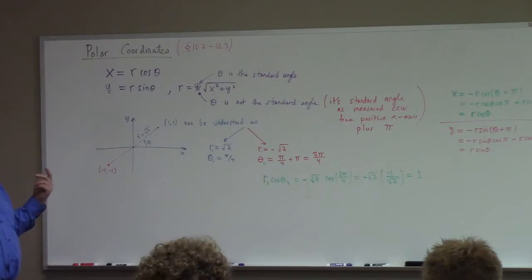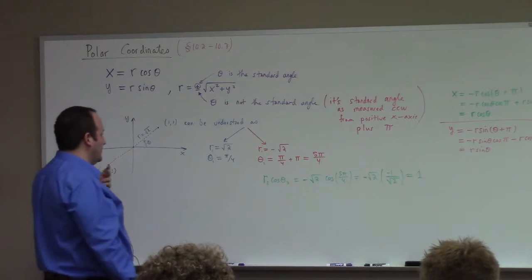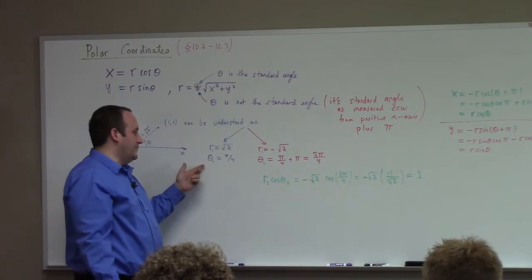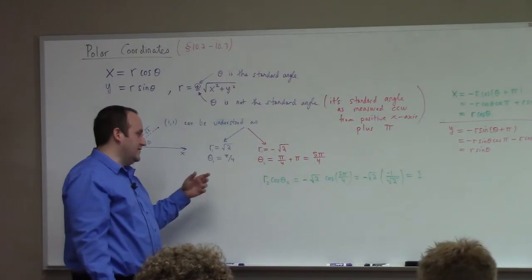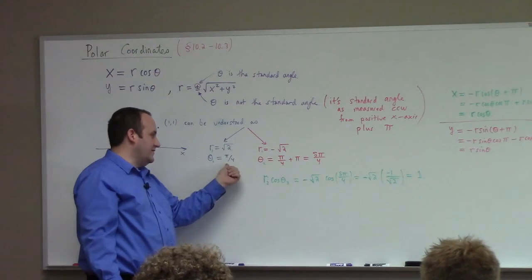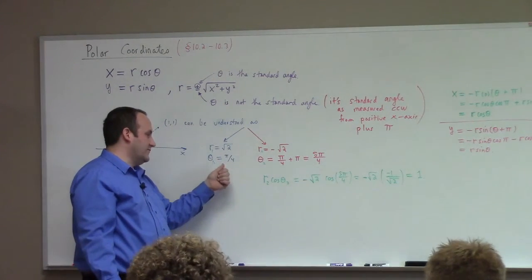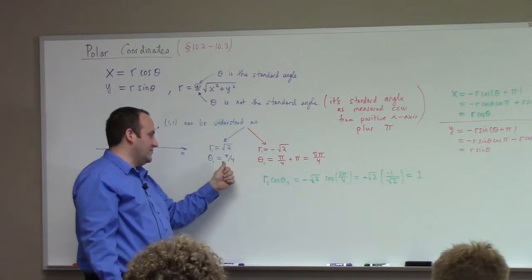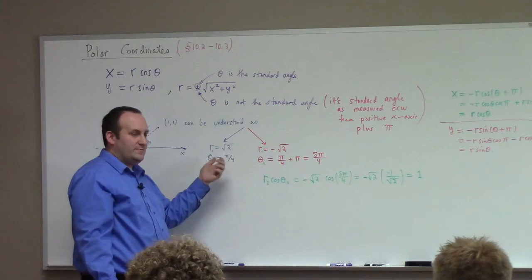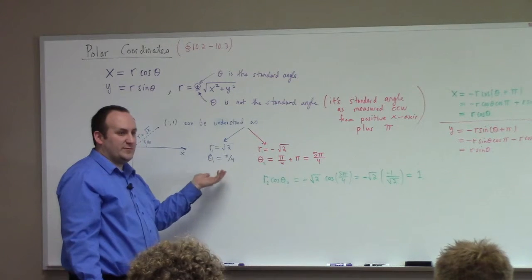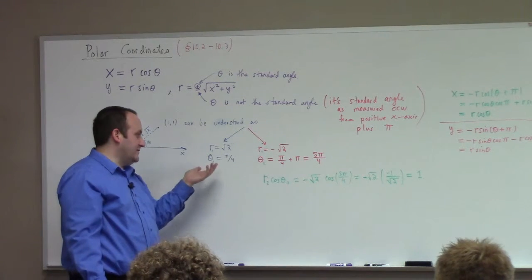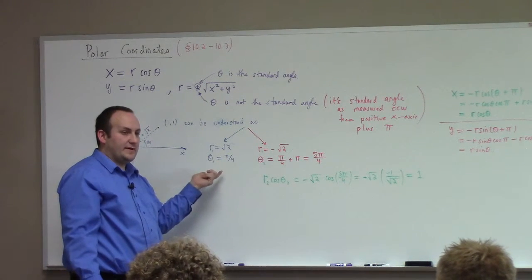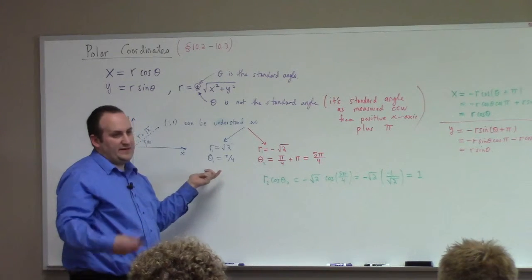You already had the problem that you said it was square root of 2 at pi over 4, say 45 degrees, but you could just as well say pi over 4 plus 2 pi, or plus 4 pi, or plus 8 pi, or plus any even integer multiple of pi. That's geometrically the same angle as pi over 4. So we also have that degeneracy to deal with.